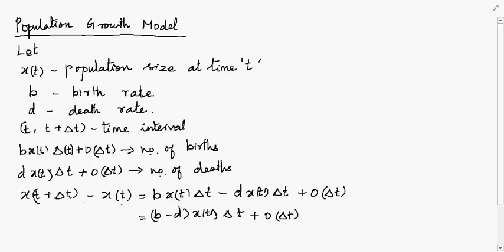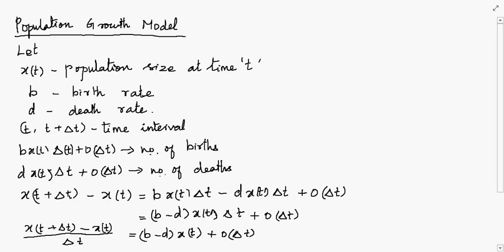Now we'll divide throughout by delta t, so we'll get x of t plus delta t minus x of t divided by delta t equal to b minus d times x of t plus order of delta t.